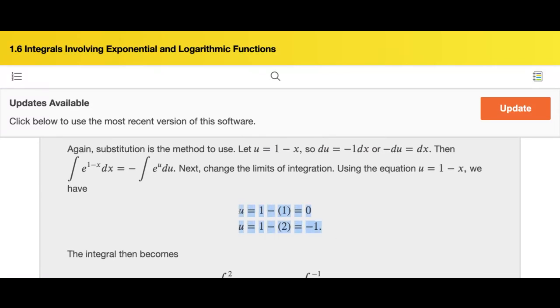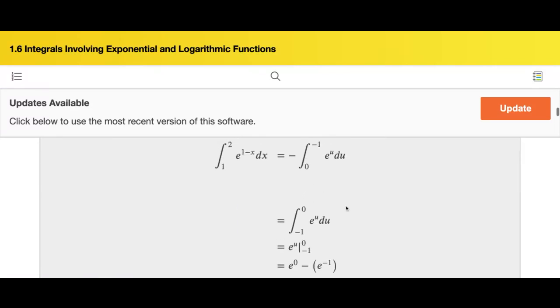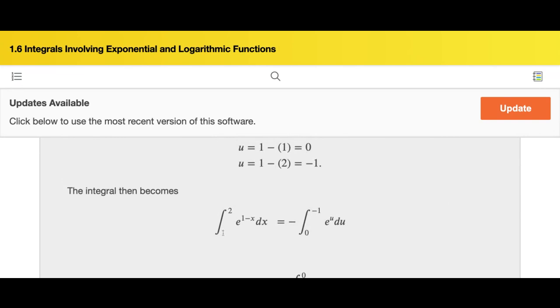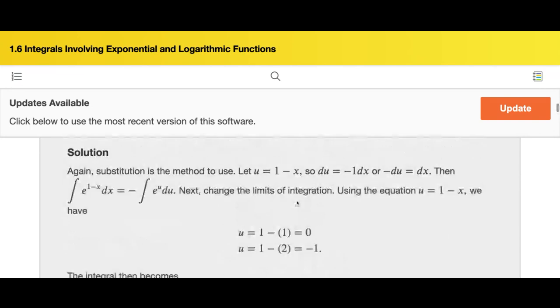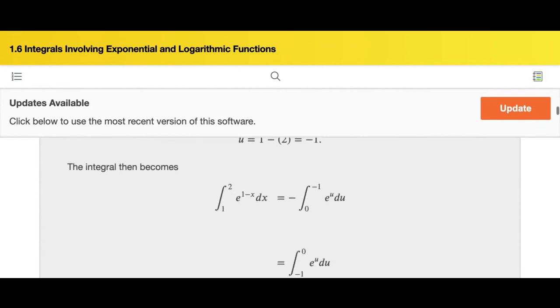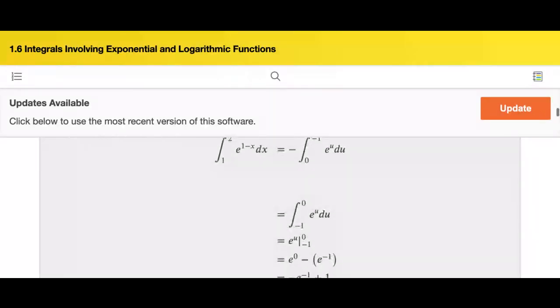But here they change the limits. When x equals 1, just plug into the equation u equals 1 minus x. If x is 1, 1 minus 1, u will be 0. If x is 2, 1 minus 2, that would be negative 1. So we could change the limit, but we don't really have to because we can always substitute back. So let's follow the book.